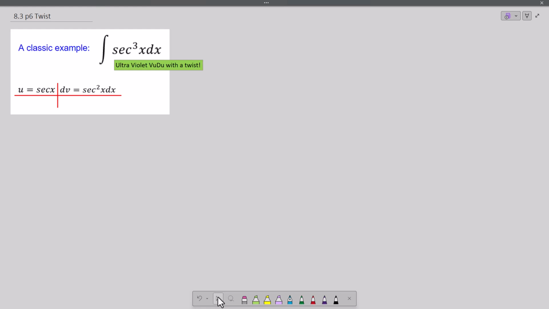Go ahead and fill in the rest of the table and do your integration by parts. And think about why I chose secant and secant squared for the u and the dv. Remember, our basic idea with integration by parts is put the biggest thing that you can integrate with dv. And the biggest piece of secant cubed that you can integrate without much thinking is secant squared. The integral of secant squared, you all know. All right, let's see if you can finish it off.